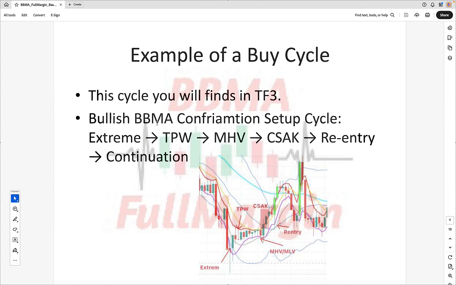I will share this PDF. Read it carefully and try to find those things on your chart. Then you will understand what I'm trying to say. So I have already explained extreme, TPY, MHV, CSAK, and then re-entry. Continuation is when it continues to trend the market in its main direction.